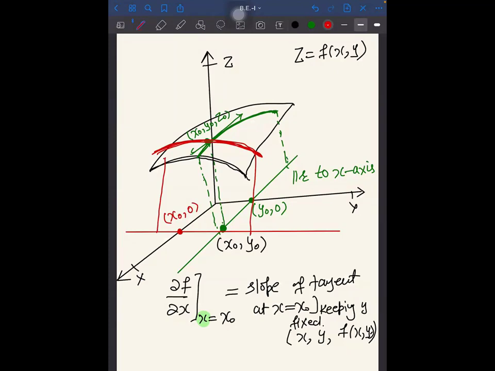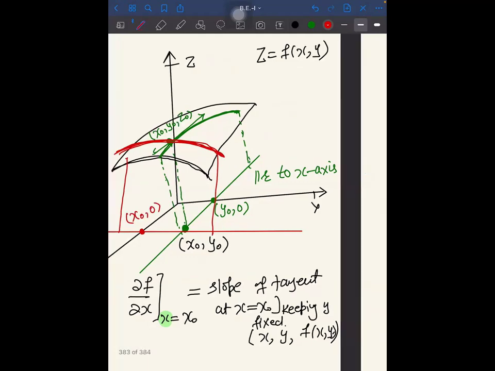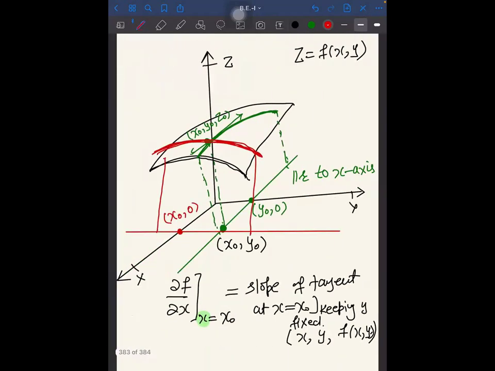So when you find the partial derivative, it is nothing but the slope of this tangent. At which point? At again the same point, x naught, y naught, and z naught. Right?